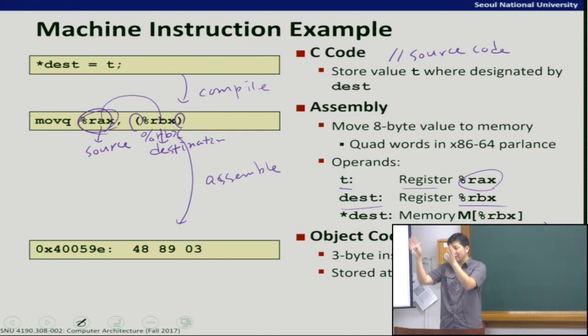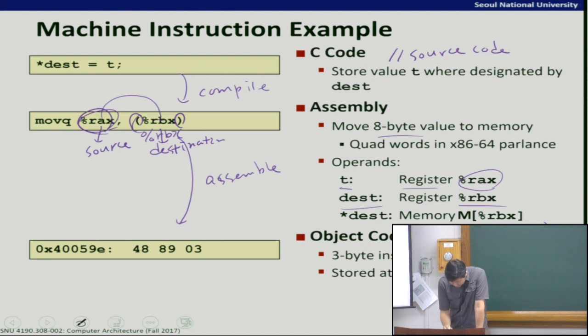But if you actually have the parentheses, then the value of RBX is interpreted as a pointer. So now you copy this value into the memory location pointed to by the RBX register. Okay, that's the difference. So you move an 8-byte value to memory, and by using these parentheses, you dereference the pointer.